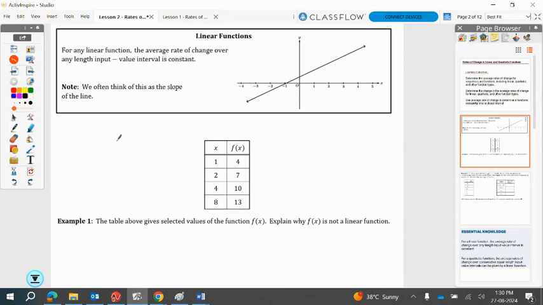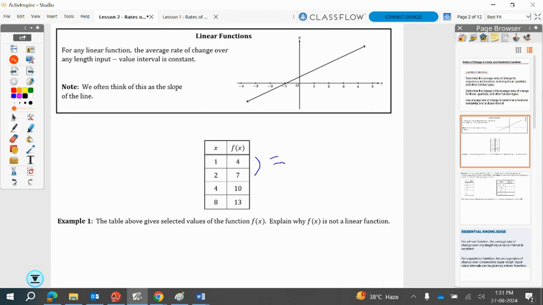So if we look at the average rate of change in these values, what we want to look at to begin with is the average rate of change in each one. From 1 to 2, from here to here, we are going to increase the x value by 1, and the change in y is going up by 3.